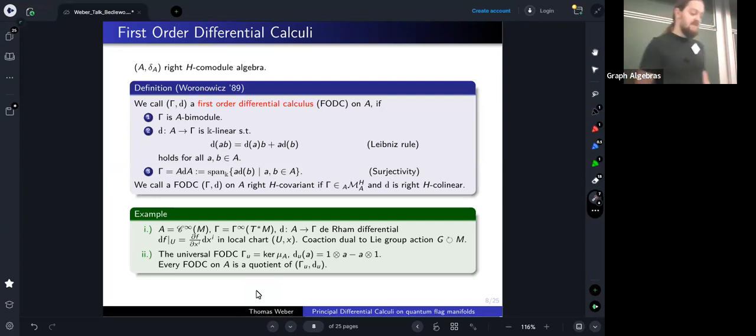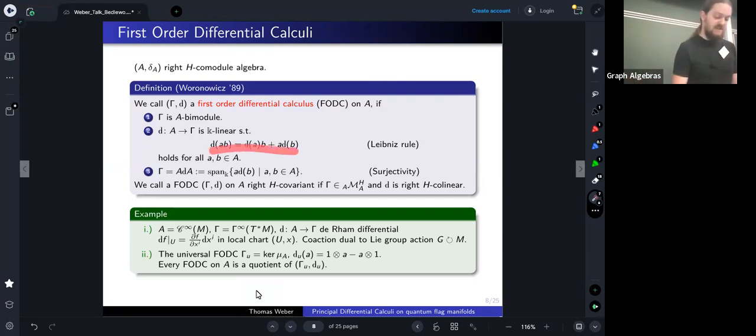So he says that given A, we call a tuple (Γ, d) a first order differential calculus on A if those three properties are satisfied. First one saying Γ has to be an A bimodule. Second one, d is a linear map from A to Γ that satisfies the Leibniz rule.